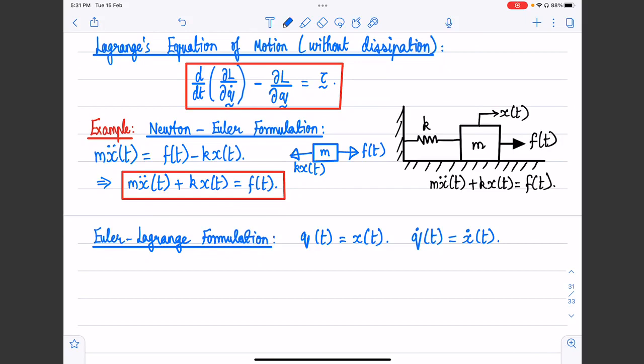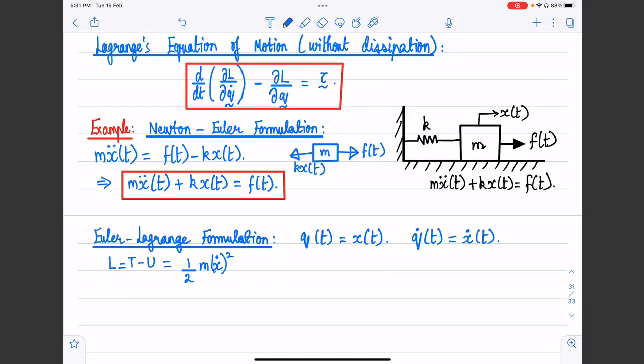Now, let's form the Lagrangian. The Lagrangian, as we know, is T minus U. T is the kinetic energy of the system constituents. Here, the kinetic energy is associated only with the mass. The kinetic energy of the mass is half mv squared, so I get half m times x dot squared.